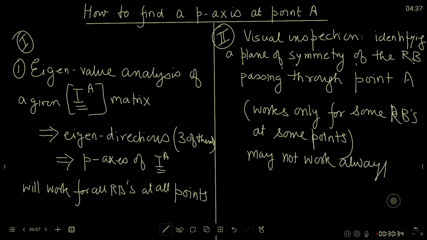Whereas on the left hand side, what I said, the eigenvalue analysis will work for all RBs at all points. The second one is good if the plane of symmetry exists, and in that case you don't have to do detailed eigenvalue analysis.